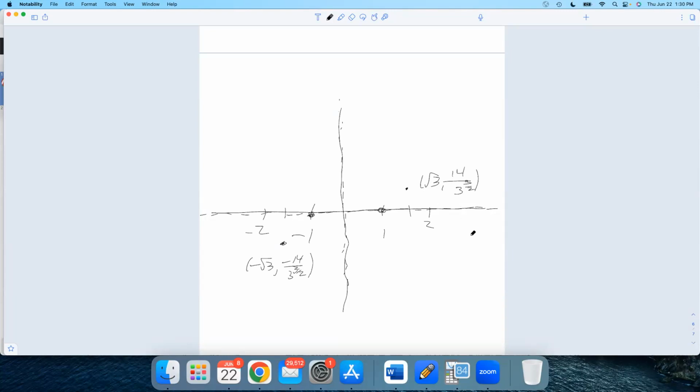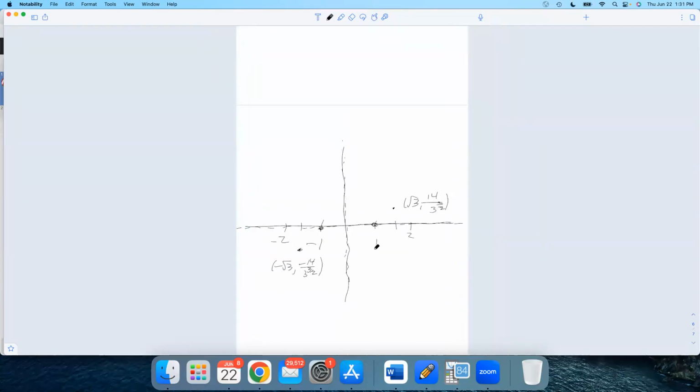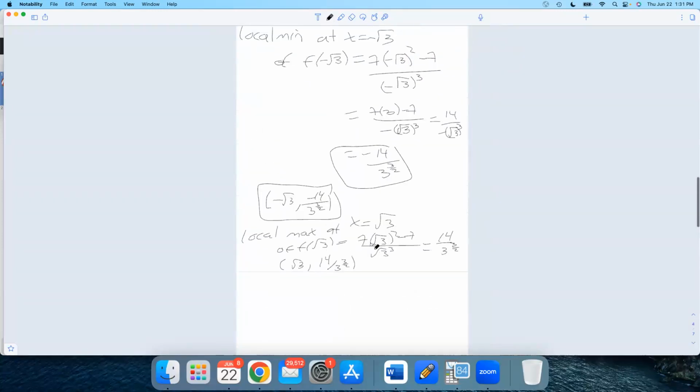Now I know I can't shoot down like this because there's no more intercept. There's no intercept over here. So I know the graph can't shoot down. And I already said this is an asymptote. I know the graph's going to come in like this. So just using college algebra information, we could finish the graph, but let's find our concavity.